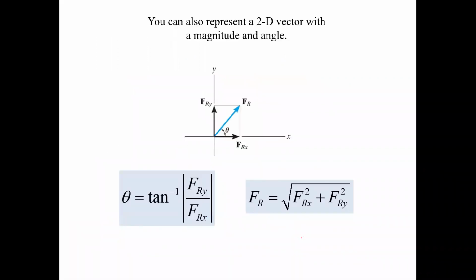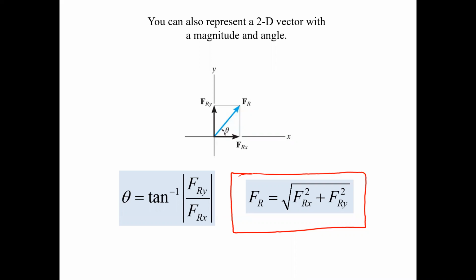Now, what next? Next, you can find FR, the resultant vector, right? How do you find that? FR equals square root of FRX squared plus FRY squared, right?